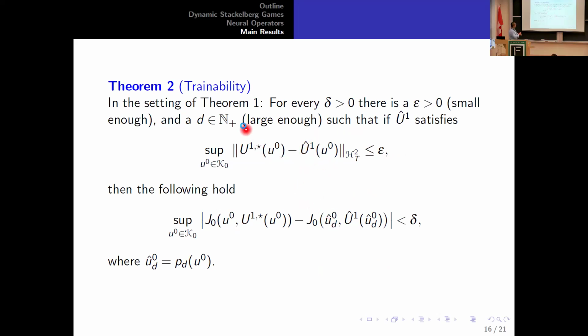If they satisfy the first line, then we have the second line. But we want to find hat U1 to achieve the first line, so we can take a heuristic approach: we use this necessary condition to find the parameters for hat U1 that minimize this.